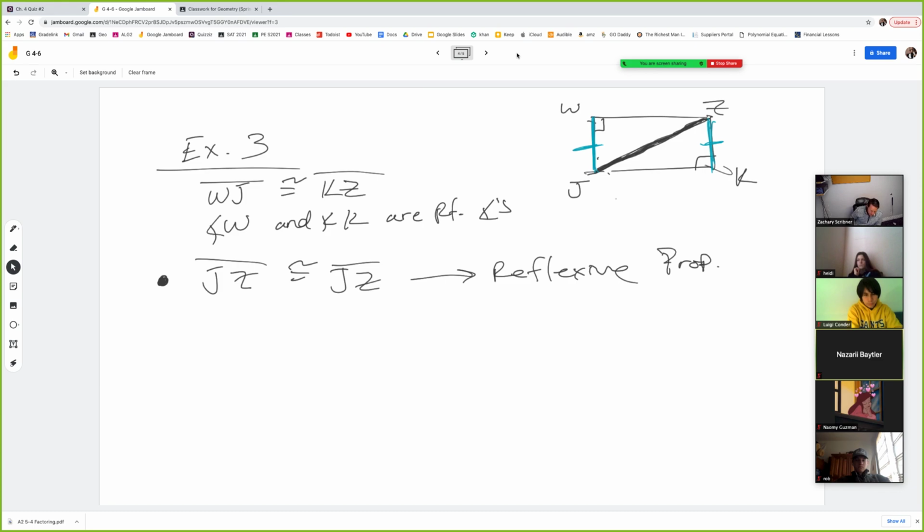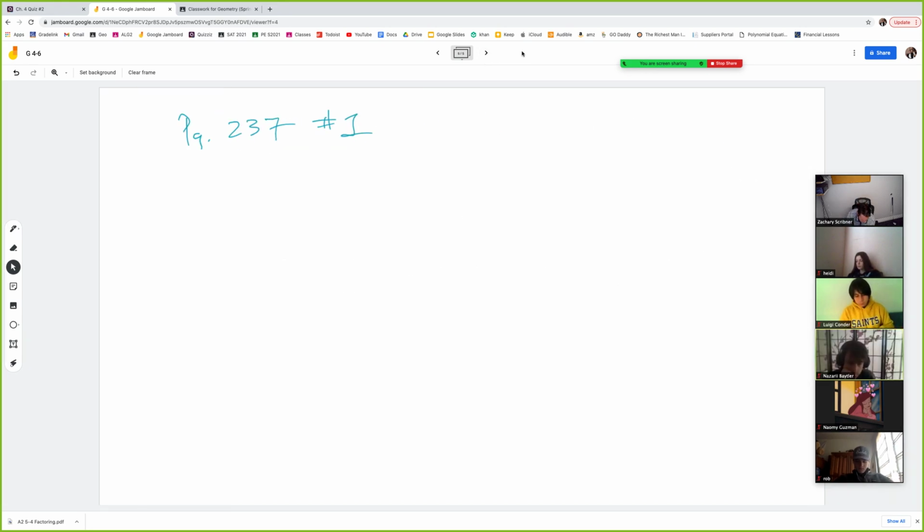All right. Number 1 on page 237. All right, I'm going to show you guys in a short paragraph. Write a short paragraph to explain why the two triangles are congruent. Okay?